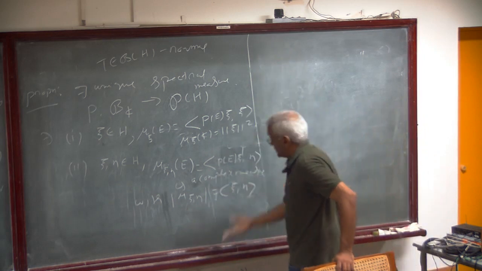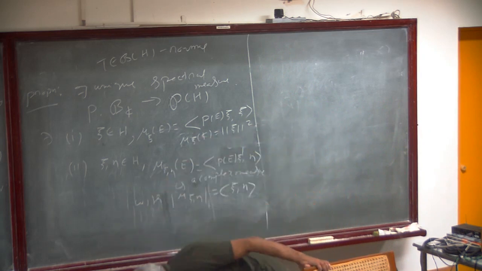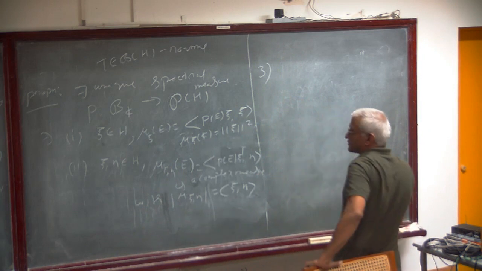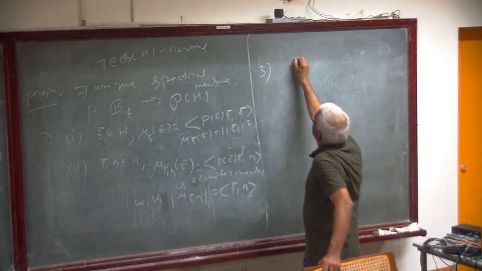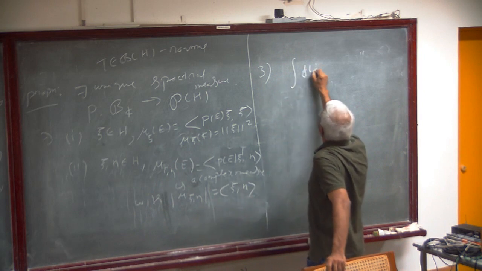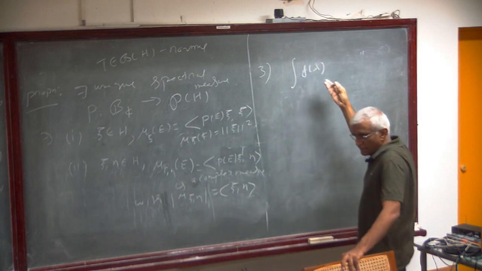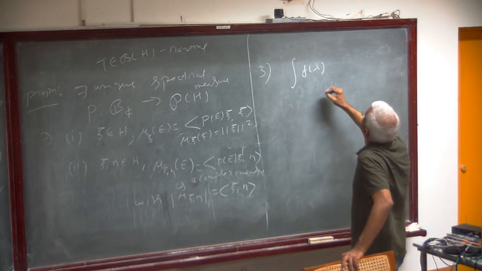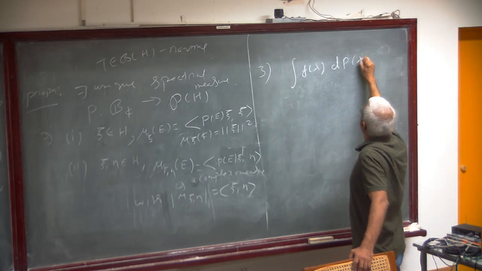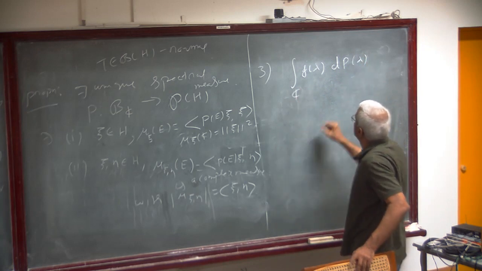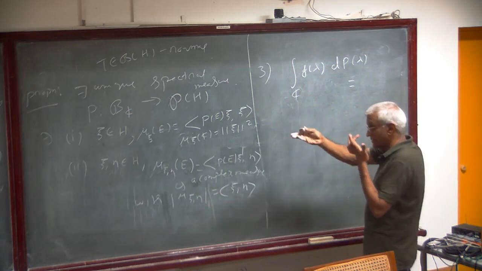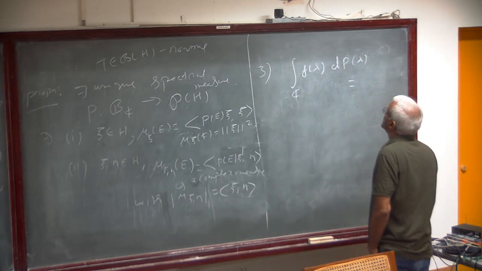Then the third statement is the integral of f of lambda dP of lambda, integrated over C. If you insert just lambda, you will get T. I mean, the integration will be over sigma of T. We are just writing C for general reasons.